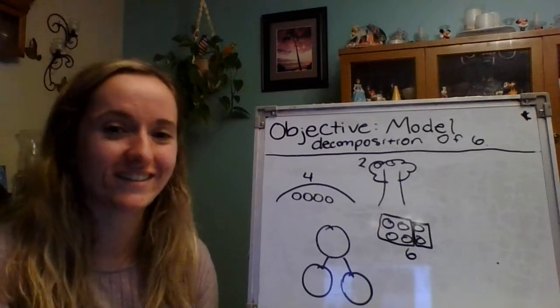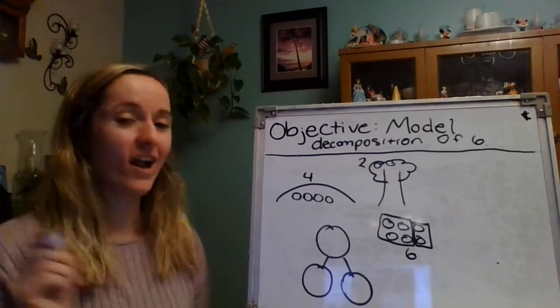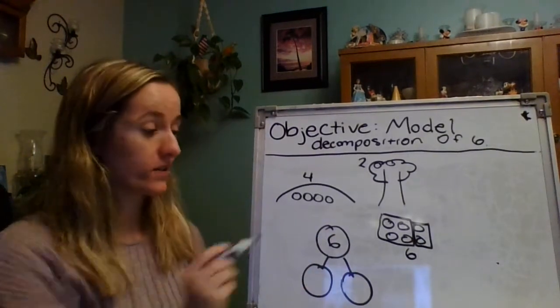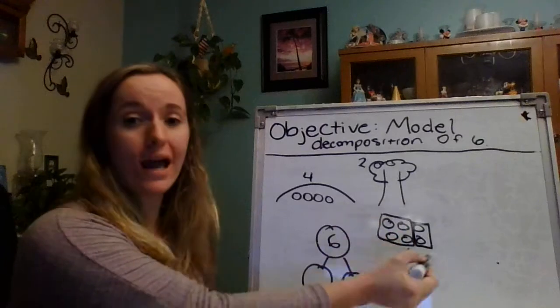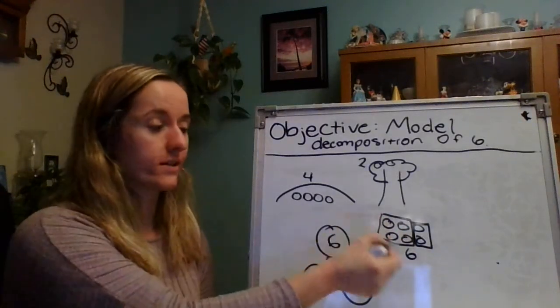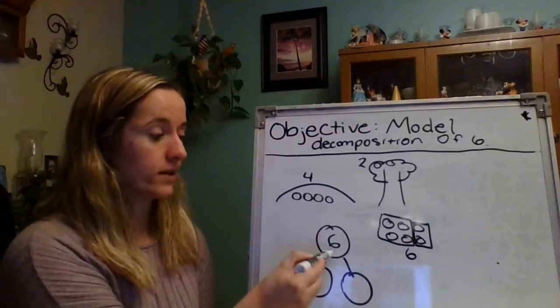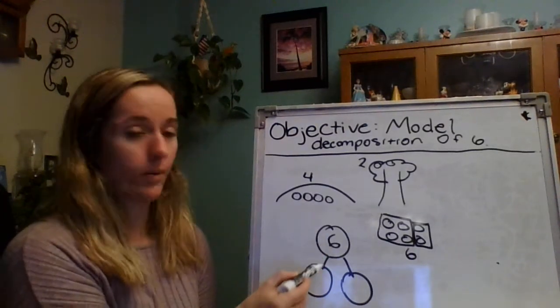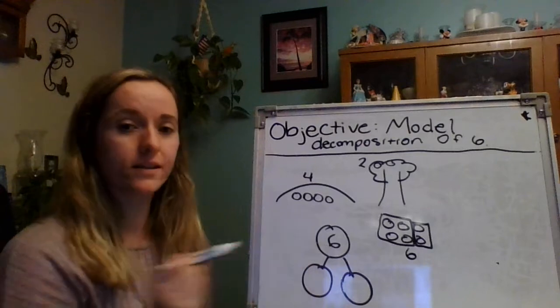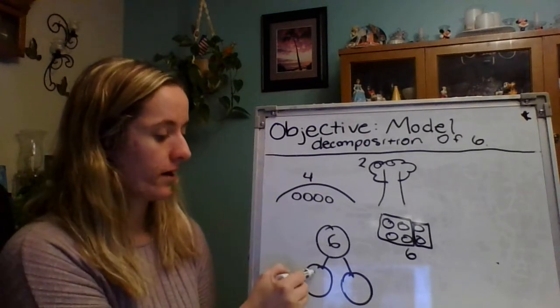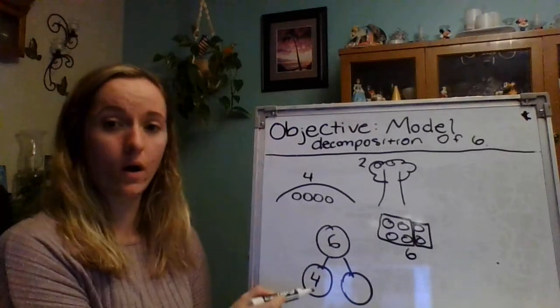All right, great job, guys. So the 6 is going to go on the top. The 6 is my whole. How many there are all together? When this one circle's on top, these are going to be the parts. What the 6 is broken up into. So I'm going to have my 4 here because that's one of my parts.